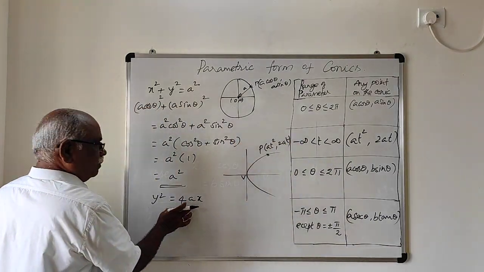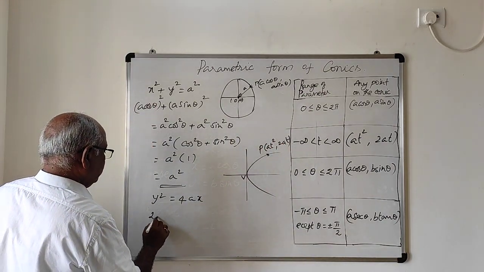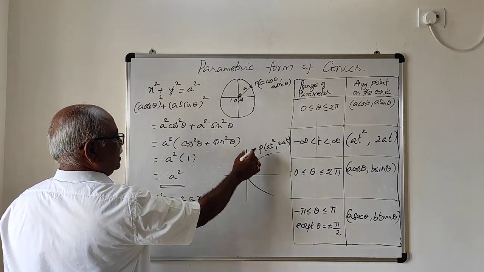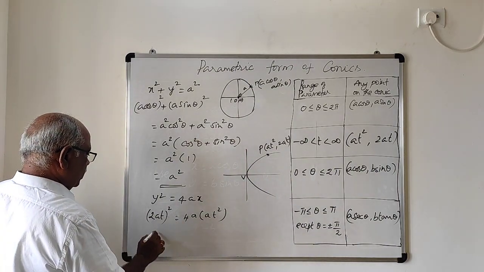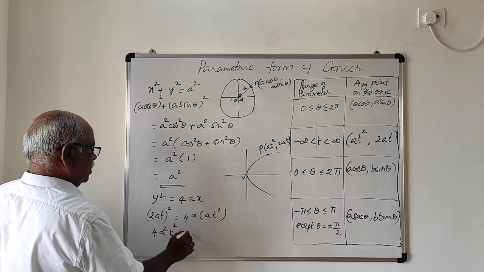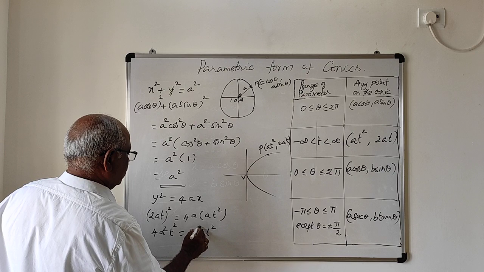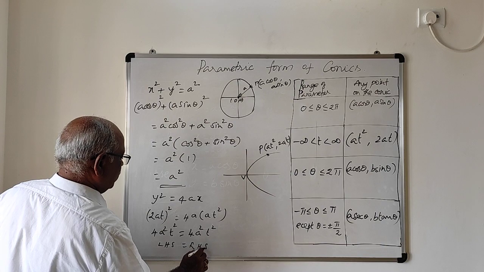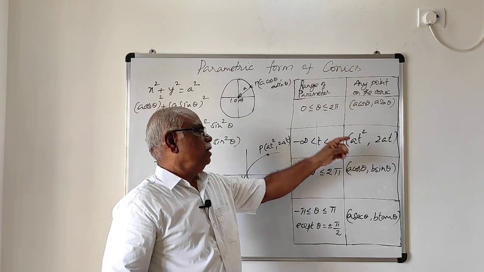This point is also satisfied by the equation of parabola. y is 2at, so y square is (2at) whole square, equal to 4a into x, which is at square. Squaring, (2at) whole square is 4a square t square, and 4a into at square is 4a square t square. Left hand side equals right hand side. So the equation of parabola is satisfied by the parametric equations.